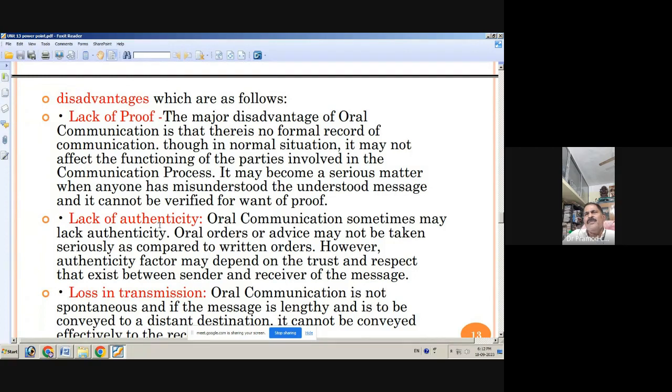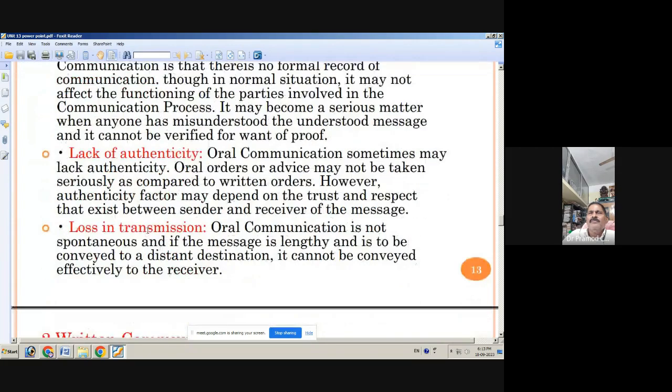So communication is definitely a good process, but when we are discussing serious matters, it may be misinterpreted by the others, the sender and also the receiver, because the facts cannot be verified, because no proof can be given to anybody. So definitely we can say there is a lack of authenticity, because oral communication sometimes loses authenticity.